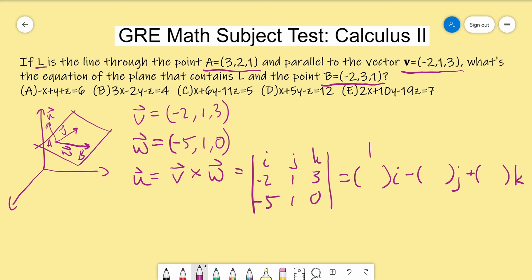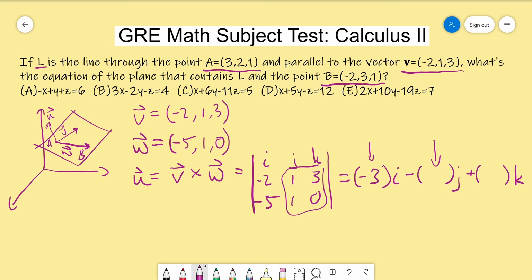So the number that goes in here is going to be the determinant of this 2 by 2 matrix. So that's going to be 0 minus 3, so that's -3. And then the number in here is going to be the determinant of -2 times 0, 0 minus 3 times -5.